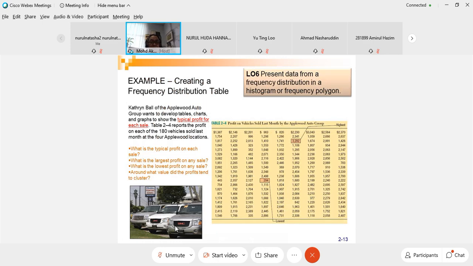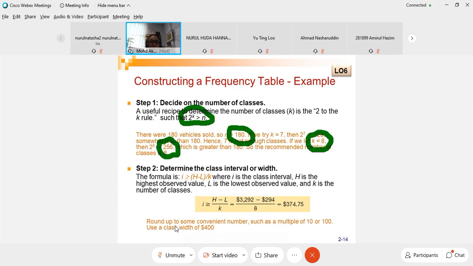Based on this data, we see the highest profit is 3,292 and the lowest profit is 294. After finding the lowest and the highest, we subtract and divide by 8, and we get 374.75. Now we ask Quizimin.